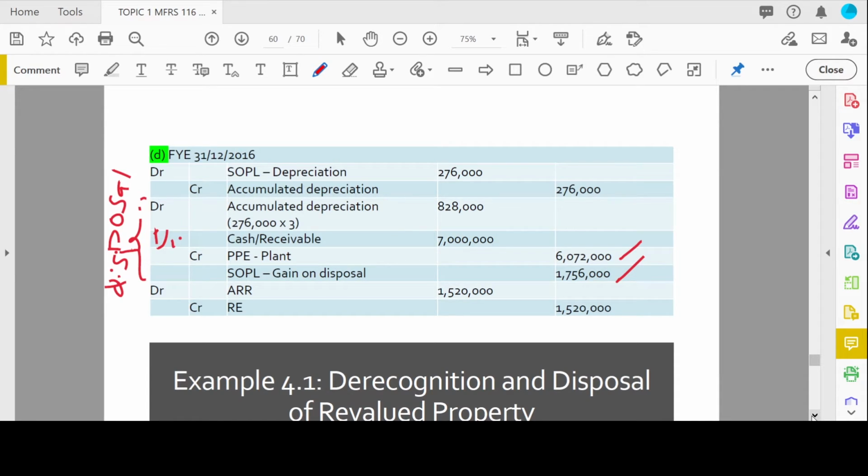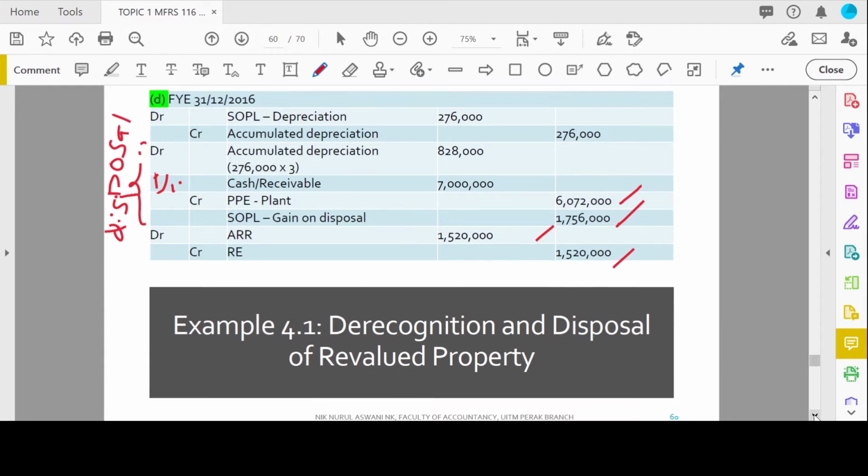And we are going to transfer all of it to retained earnings because the asset was disposed. So transfer everything, 1.52 million: debit ARR, credit retained earnings. That's it for the discussion on the journal entry.